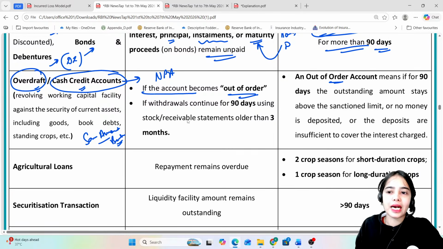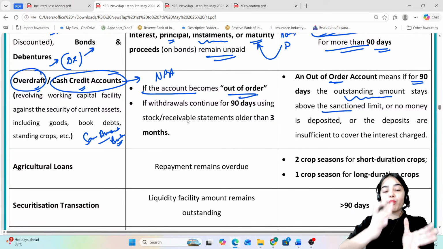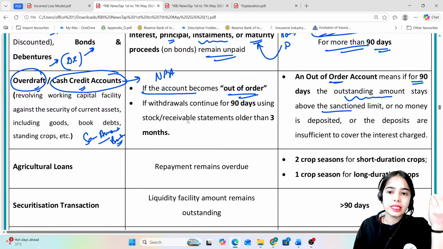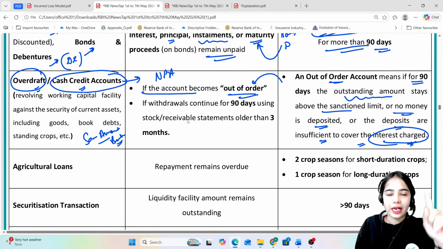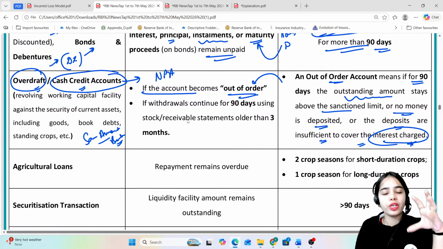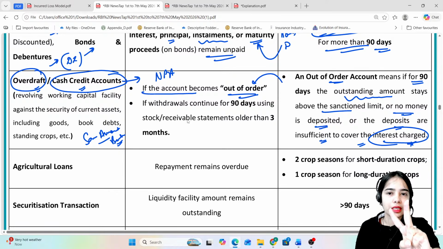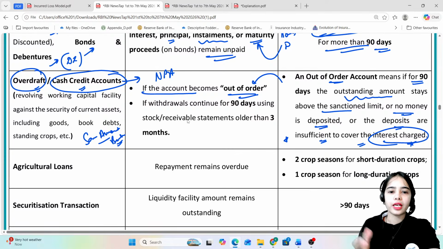Out of order basically means three conditions: if for 90 days the outstanding amount stays above the sanction limit, or if for 90 days no money is deposited, or if for 90 days the deposits are insufficient to cover the interest that is charged. In this case, the overdraft or the cash credit accounts become NPA.